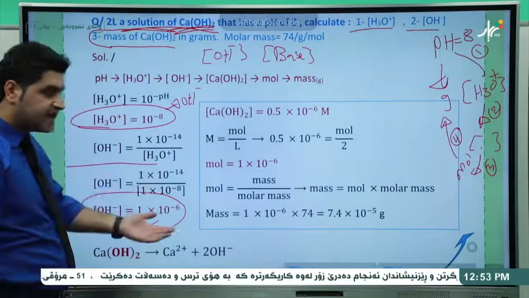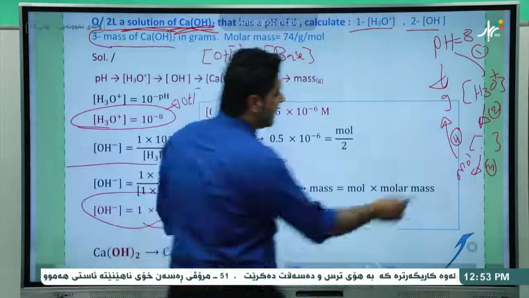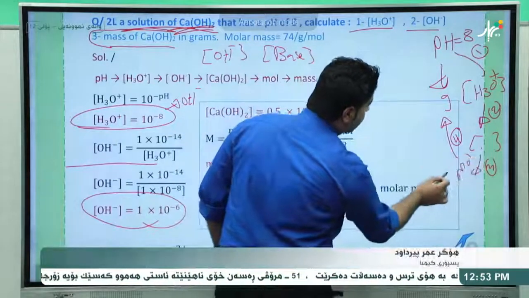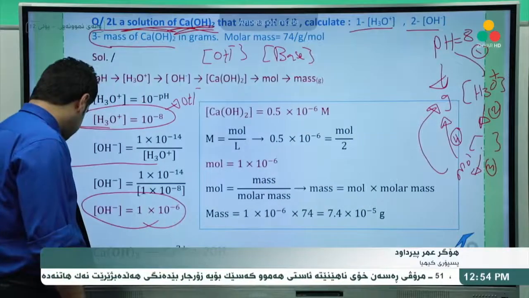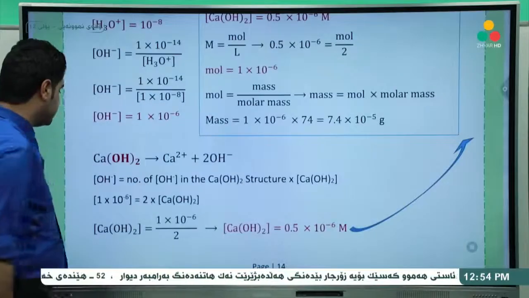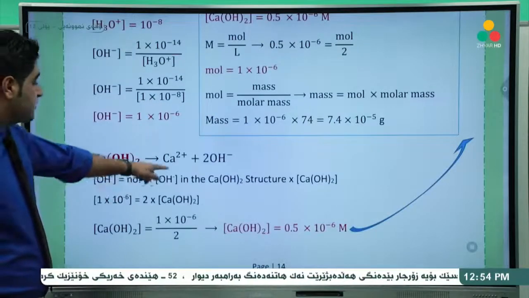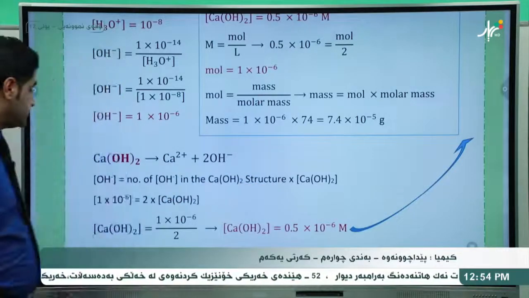So next, calculate the concentration, and after concentration, the number of mole, and after that, gram. Look how we can calculate the concentration. OH is equal to the number of OH in the Ca(OH)2 structure times the concentration of Ca(OH)2.